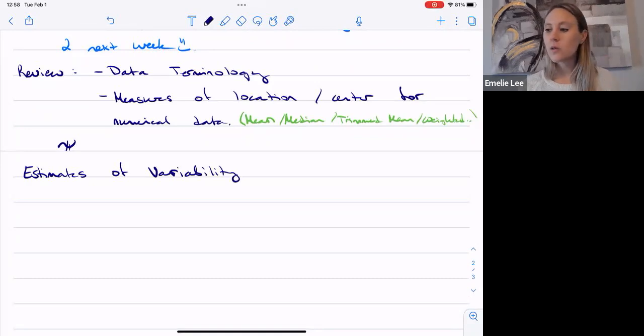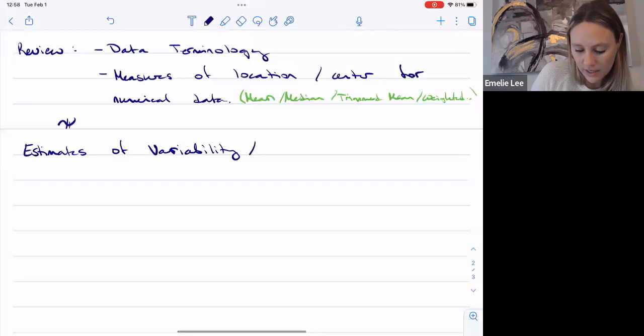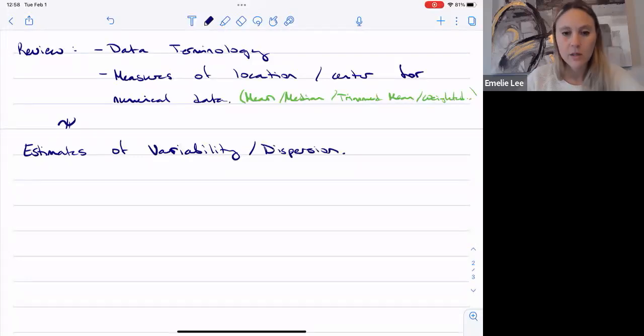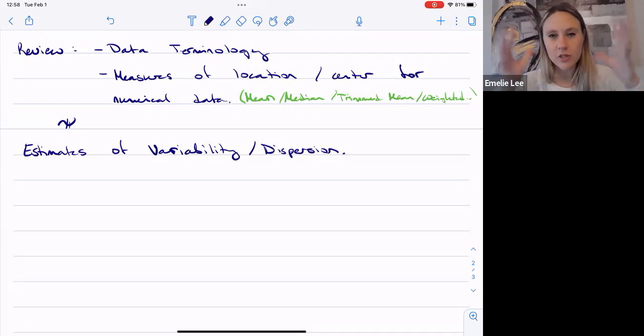Okay. So variability, we can also call it dispersion. It's a common word that we use instead of variability, but it's really just the spread of our data, right? And the spread of our data is kind of why statistics exists, because we're trying to tease out, what is that usual variability?